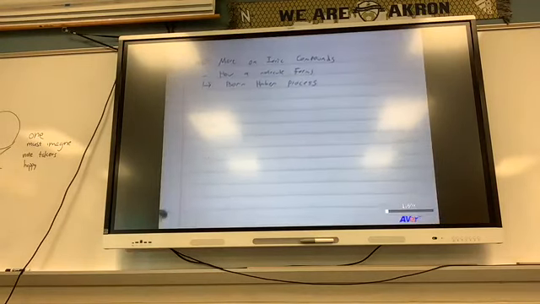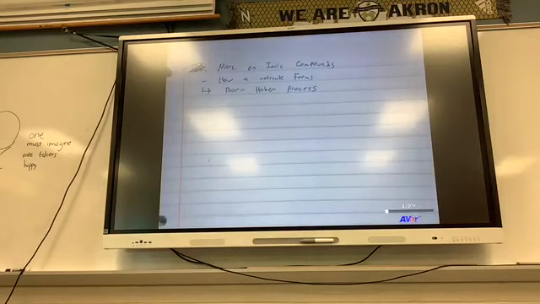Let me zoom in a little bit. There we go. So this is essentially saying that atoms, molecules form in multiple steps. They form in multiple steps. So what I'm basing this off of is page 315, but I'm going to explain it to you.